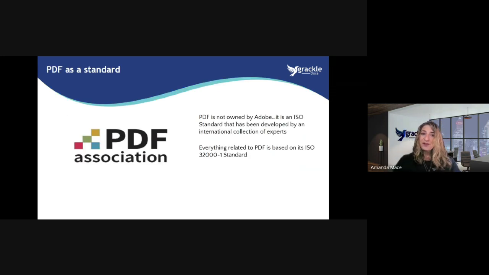Contrary to popular belief, and despite my earlier reference to Adobe and the former VP or current VP, can't remember, of Adobe, Adobe do not own PDF. At one point they did, but they no longer do.